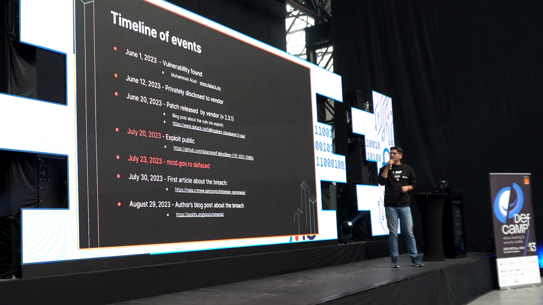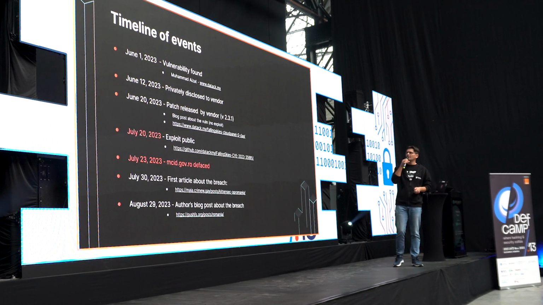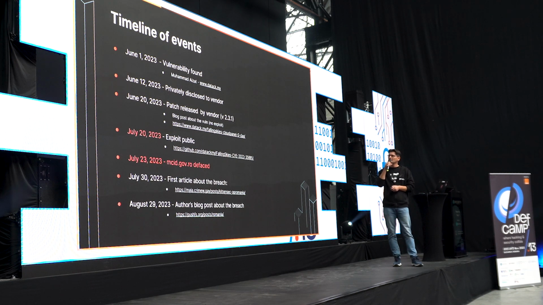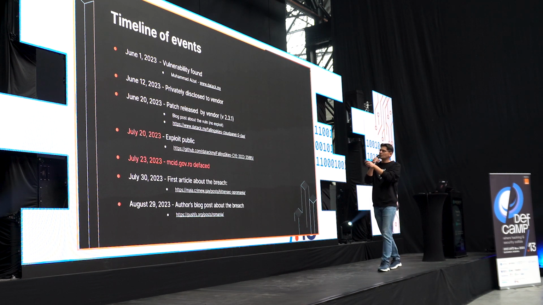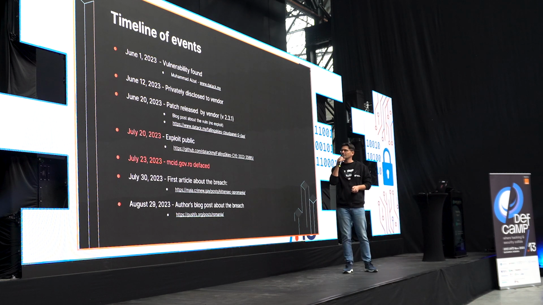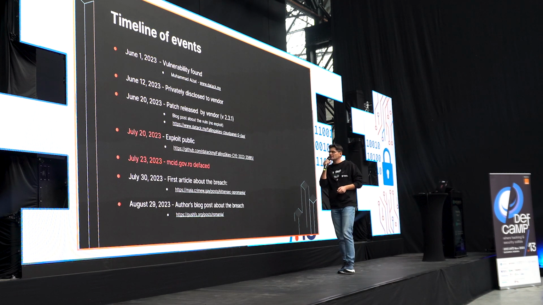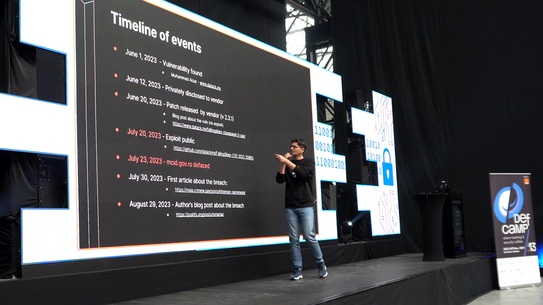Now, the true timeline of the events was that the vulnerability was found on June 1st by a security researcher called Muhammad Aizat. We'll talk a little bit later about that. Then on June 12th, it was privately disclosed to the vendor. The vendor released a patch on June 20th.